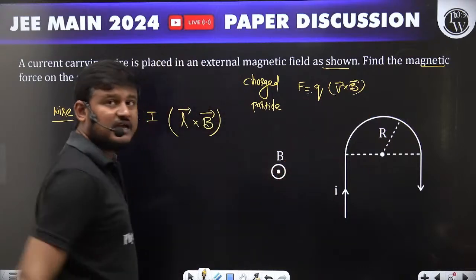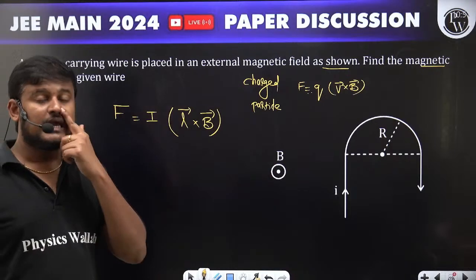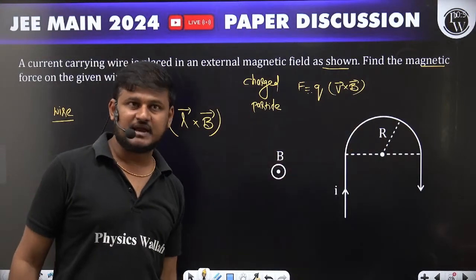This formula is for a charged particle in the magnetic field, and the other is for a current carrying wire in the magnetic field.